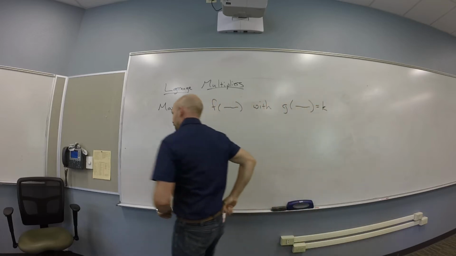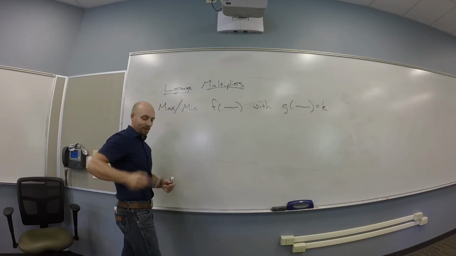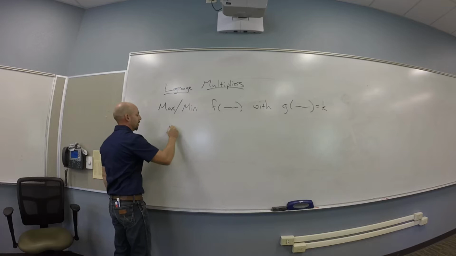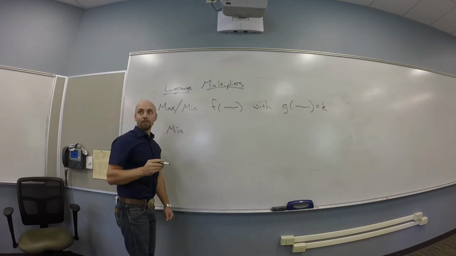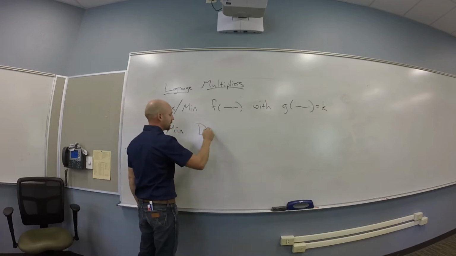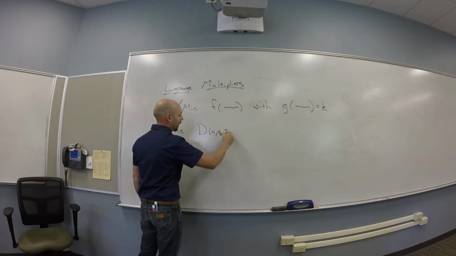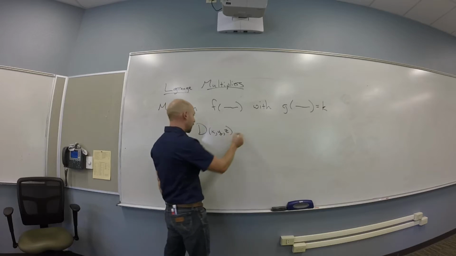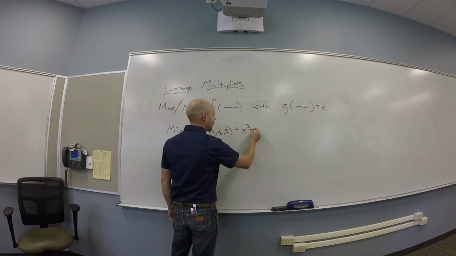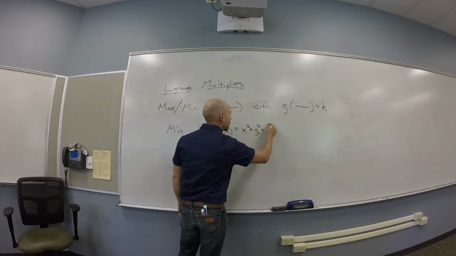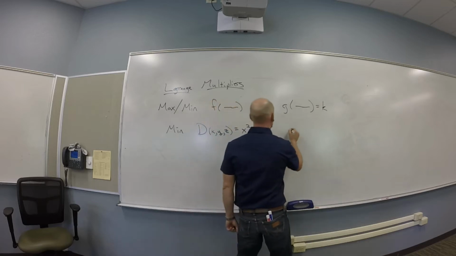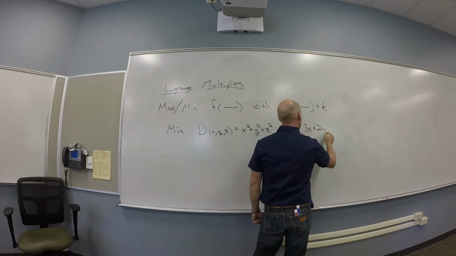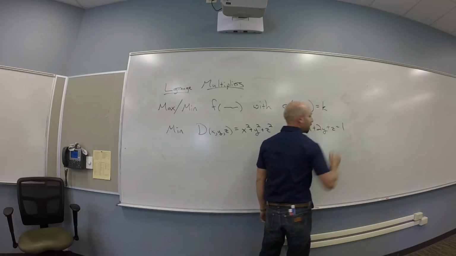Okay, so let's do the problem that we've done 3 different ways, or 2 different ways today. We'll just make it 3. We want to minimize distance from x, y, and z to 0, 0, which is x squared plus y squared plus z squared on the plane 3x plus 2y plus z equals 1.